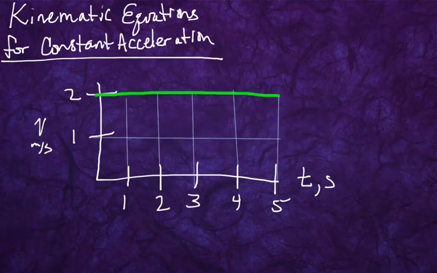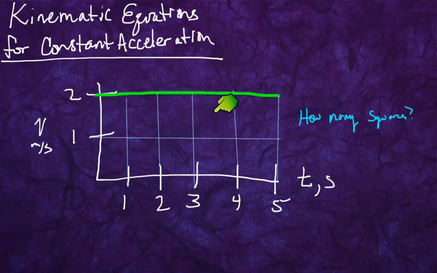Now, if we draw these lines and create these boxes underneath our graph, how many squares are there? Well, there's 1, 2, 3, 4, 5, 6, 7, 8, 9, 10 squares. There's 10. What do they represent?